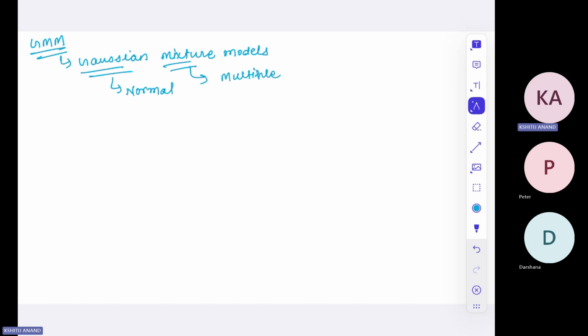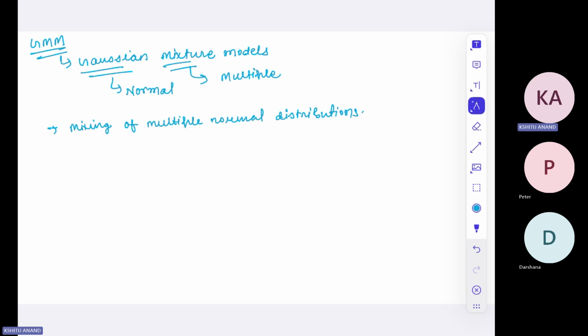So the GMM, the Gaussian mixture model, is a mixing of multiple normal distributions. Okay, put simply, GMM is just a mixing of multiple normal distributions, right?